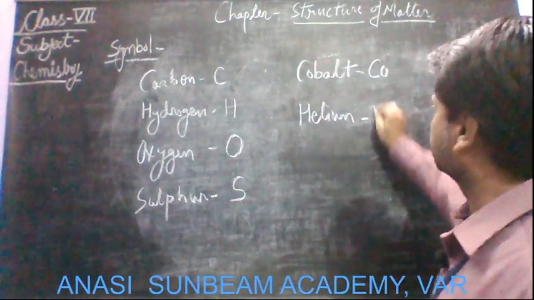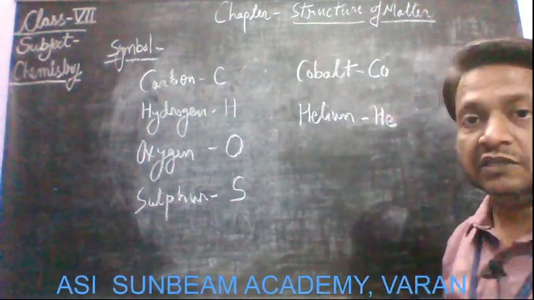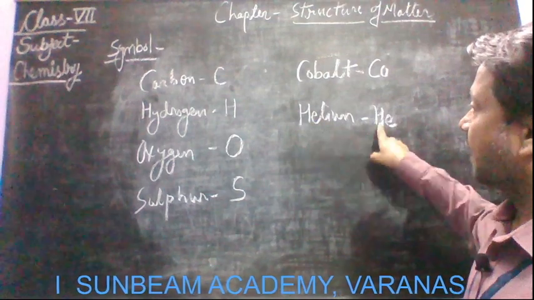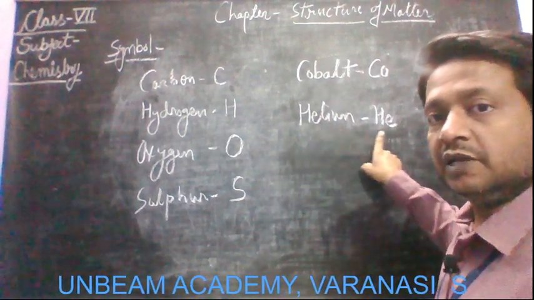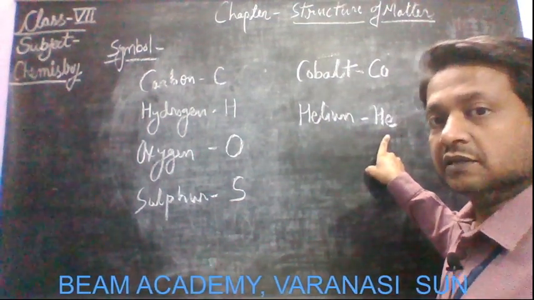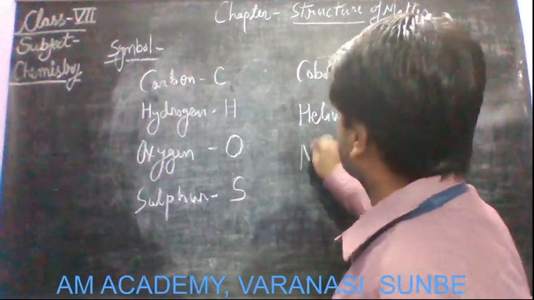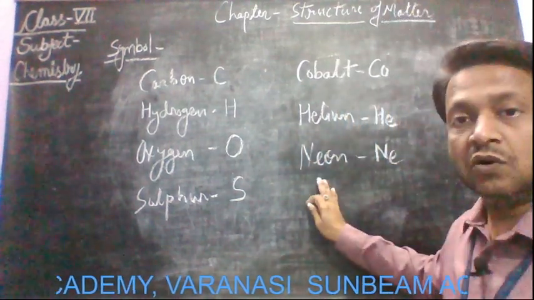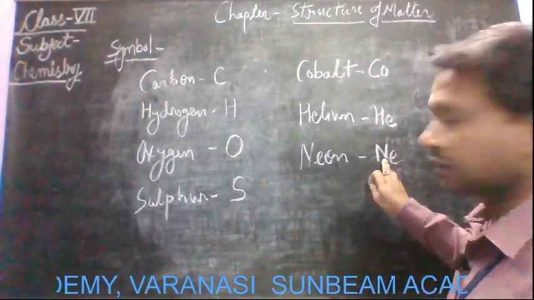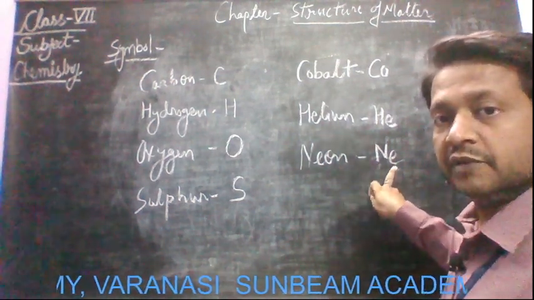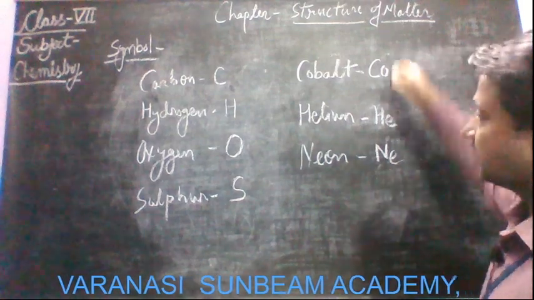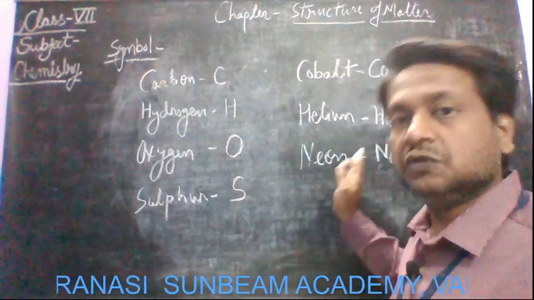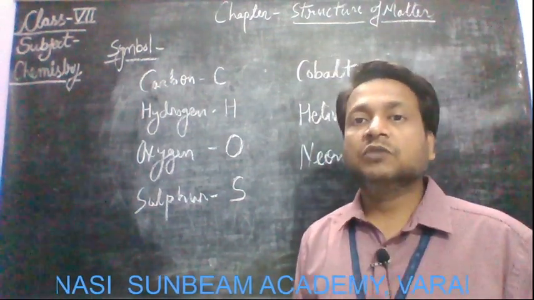Helium. He. The first letter will be capital H and the second letter will be small e. Neon. The first letter will be capital N and the second will be small e. So these are the symbols which are also used to denote some of the elements.